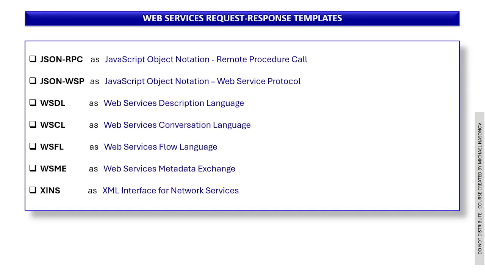And now, web services request-response major templates. JSON RPC, JavaScript Object Notation Remote Procedure Call. JSON WSP, JavaScript Object Notation Web Service Protocol. WSDL, very important for SOAP testing, stands for Web Service Description Language.